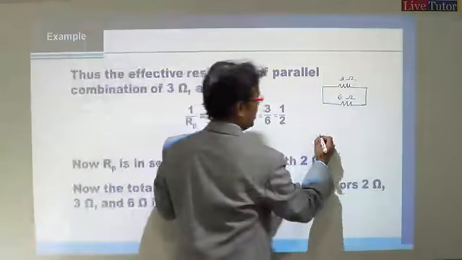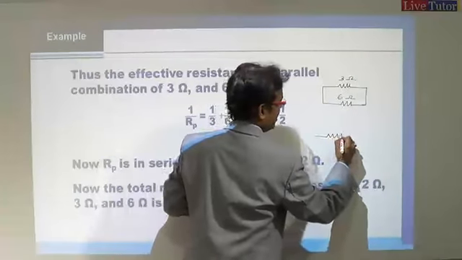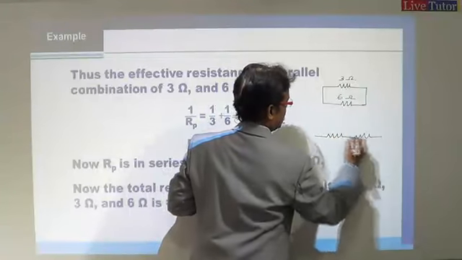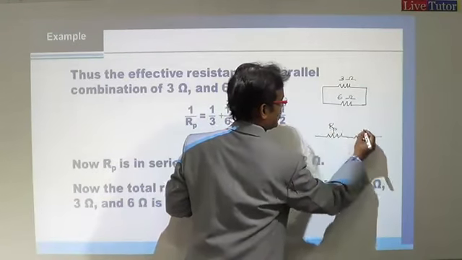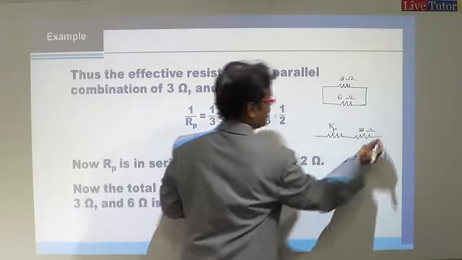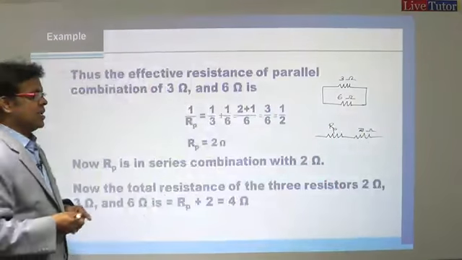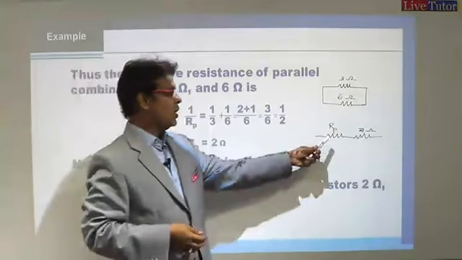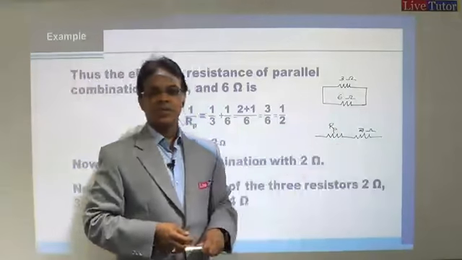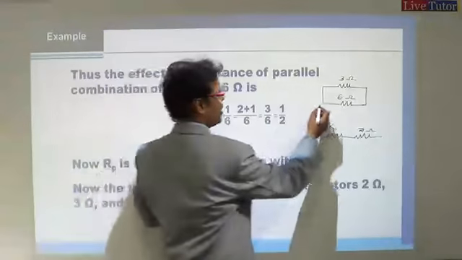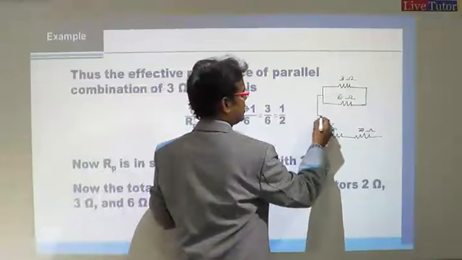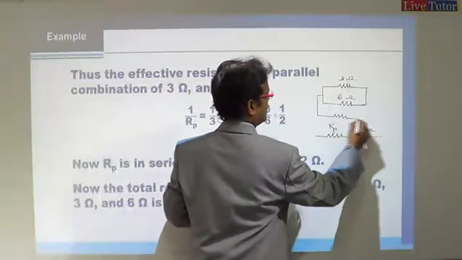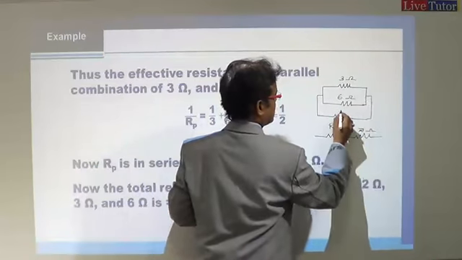So now the second diagram, it will become like this. This is RP and this one is 2 ohms. So the circuit reduces to RP and 2 ohms. The previous one also you can add like this. This is 2 ohms.